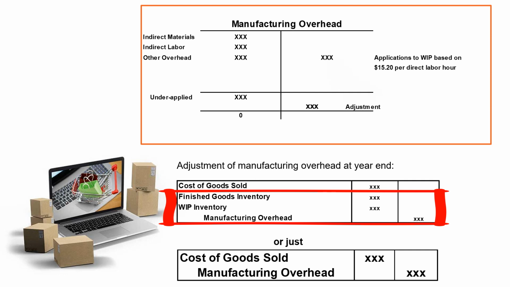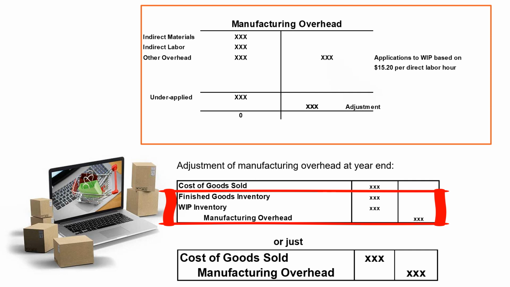But you know what? I'm going to guess that most of the finished goods inventory that was worked on during the period and transferred from work in process to finished goods, I'll bet most of those costs are now sitting in cost of goods sold, because we've probably sold most of the furniture that we manufactured and finished.